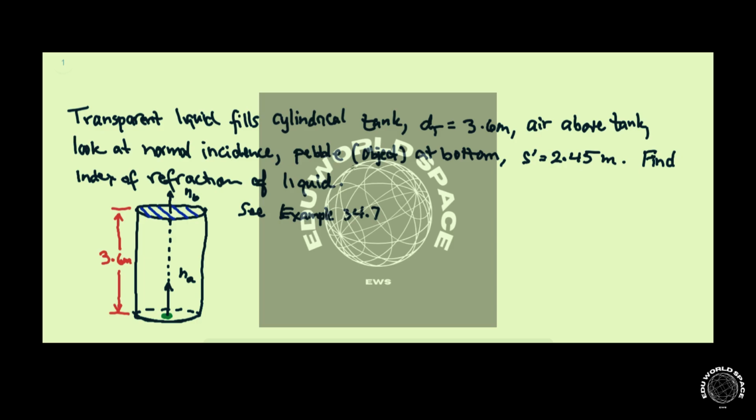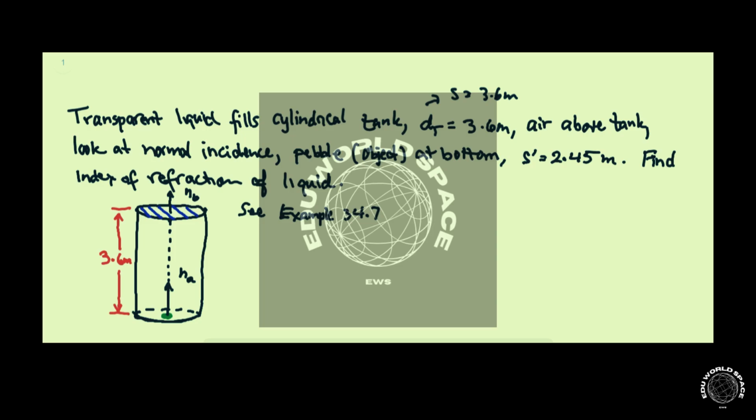Since the pebble is at the bottom and the liquid fills the tank all the way to the top, the height of the tank is also the object distance. So right away that tells us that S is also 3.6 meters. So let's keep that in mind.